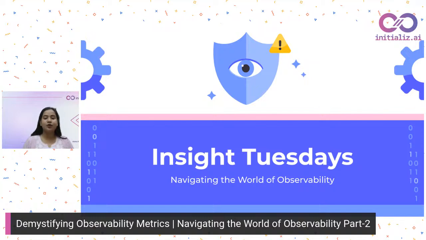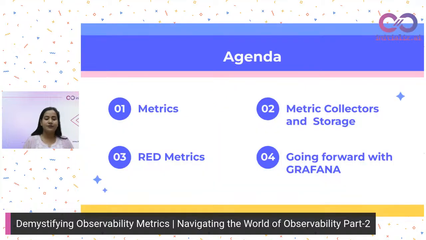So let's go on to our agenda for today, and then we'll talk about metrics. Number one is we'll know about what metrics are and its types. Then we'll talk about metric collectors and storage, which are essential for visualization and analysis. Then we'll talk about red metrics, which is a very versatile combination of metrics.